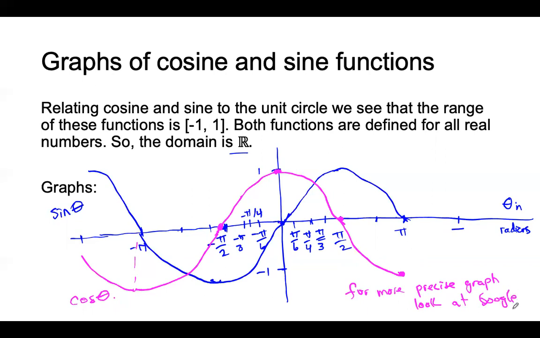And you'll see that if anyone has a computer and you do it right now, go to Desmos, plug in sine, plug in cosine, and you'll see these two curves that kind of oscillate and go back and forth. But the important point is to observe what these points are.